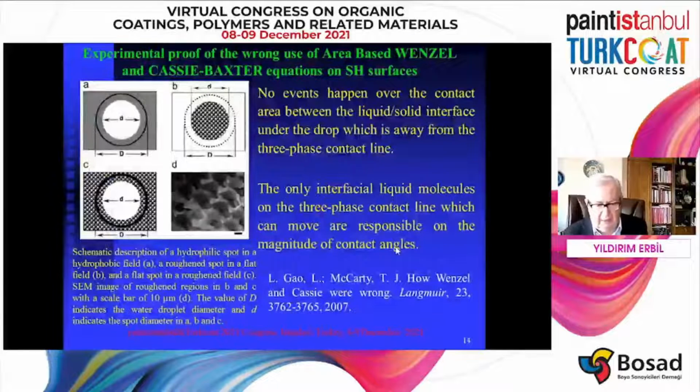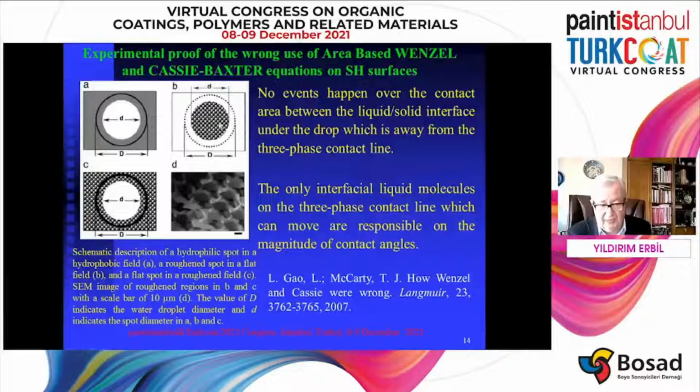In this slide, you see the patterns which were made by the McCarthy group, and these are different hydrophilic and hydrophobic spots, and then they place water droplets of small diameter or large diameter over a large area.